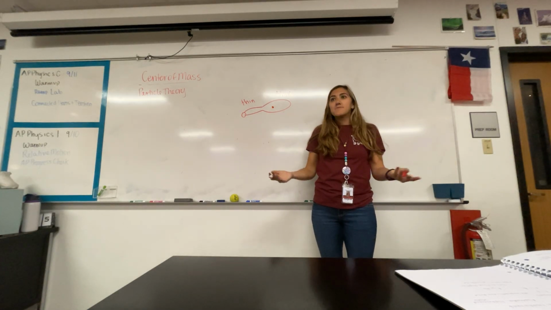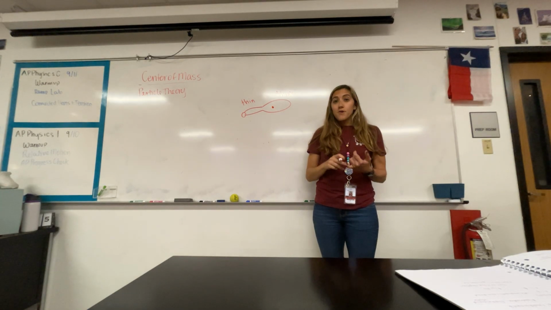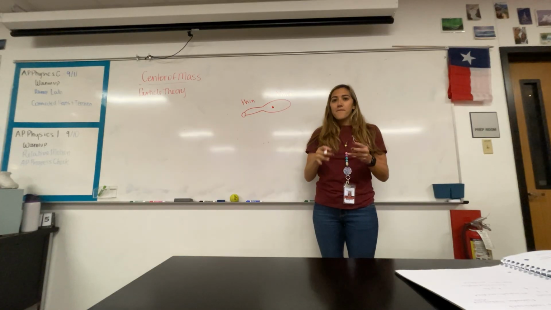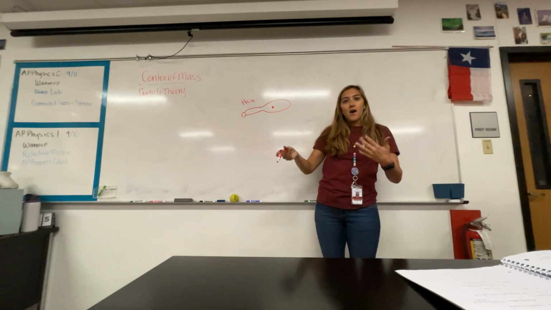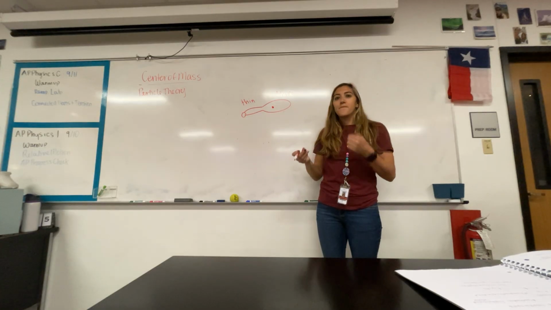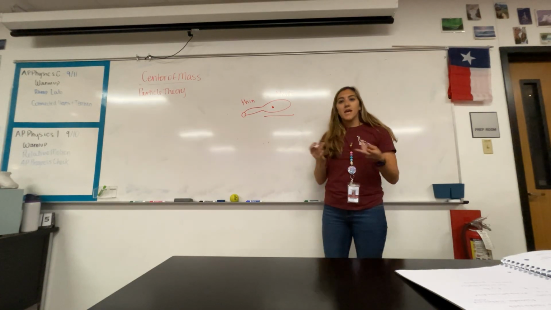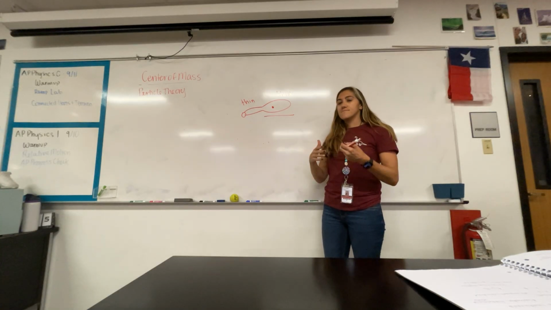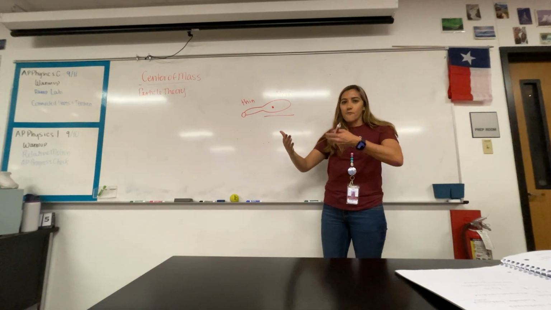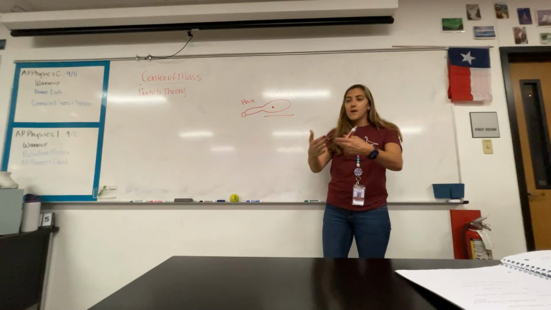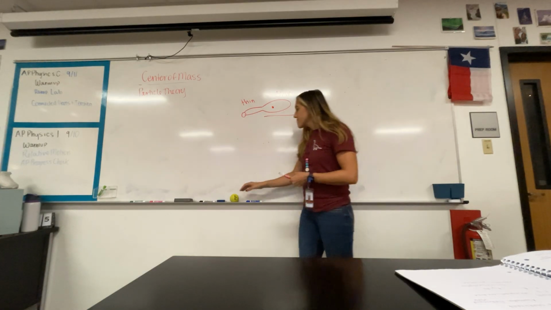And that for an object is pretty much it. It's either uniform density, or for AP Physics 1, we can pretty much tell which way it would be skewed, right? Where there's more mass, so the thicker side, is going to be where I have more of my mass, and therefore the center of mass will be skewed that direction.